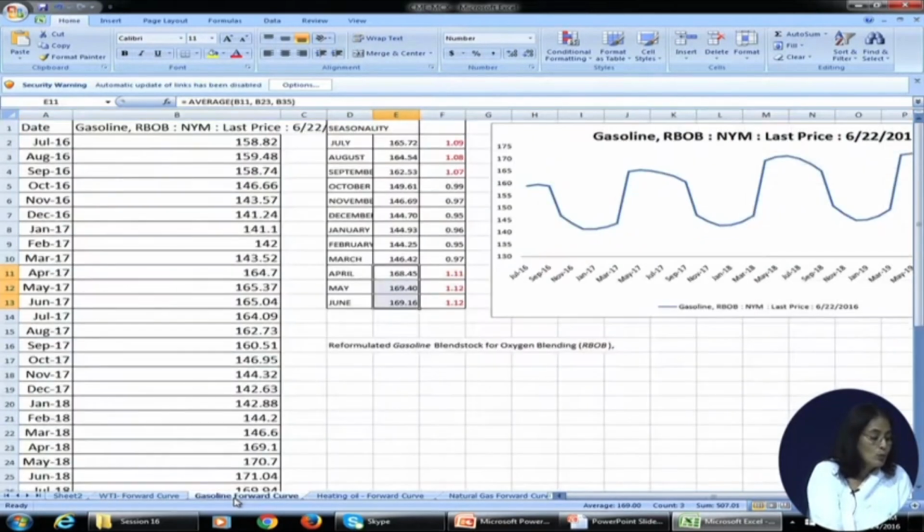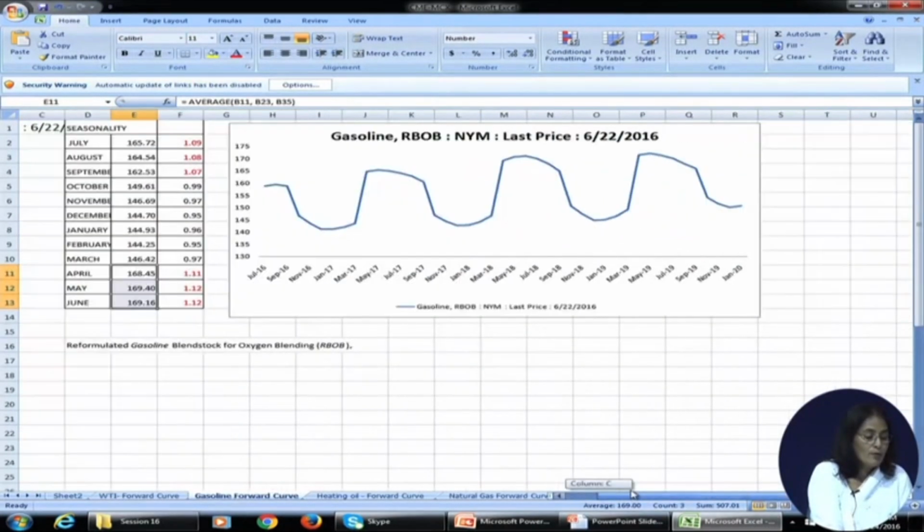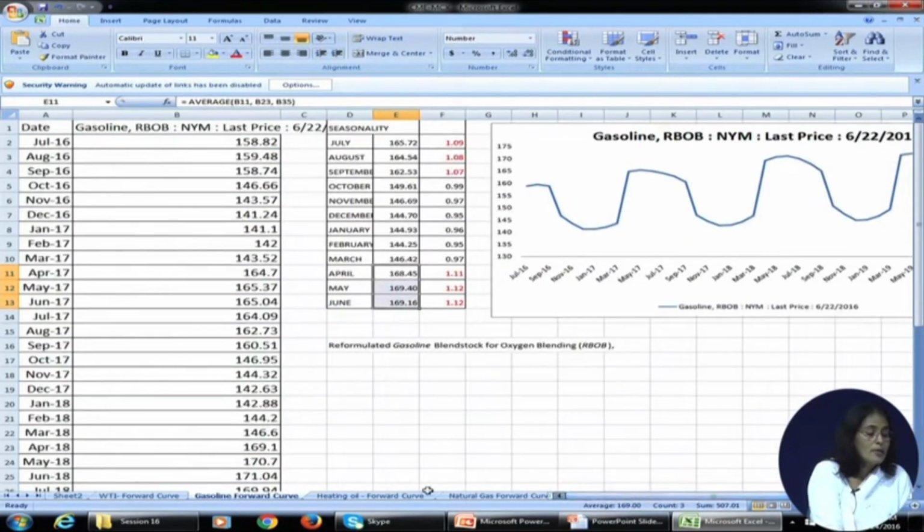Now let's go to the gasoline forward curve. Very interesting curve. Gasoline is nothing but your petrol; in India we call it petrol. There is also, again, I had asked some of you the full form of RBOB with respect to soybean oil. There is also an RBOB here, so I hope you will be able to tell me.